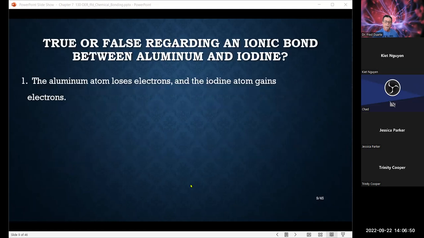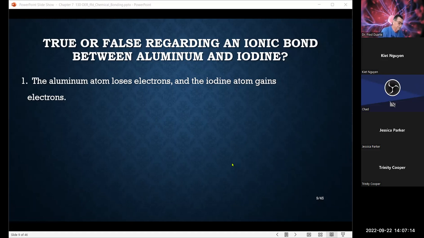Okay. Now, true or false regarding the ionic bond between aluminum and iodine. The aluminum atom loses electrons and the iodine atom gains electrons. Is that a true statement?